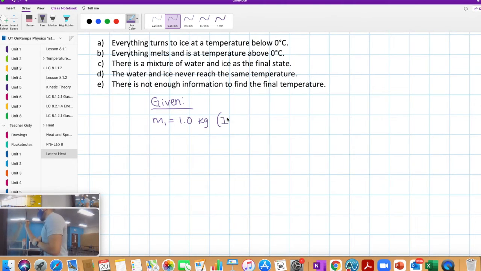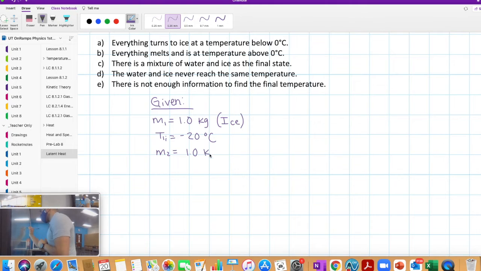And that'll be for the ice, meaning subscript 1 will be for ice. And then we have temperature 1 initial, negative 20 degrees Celsius. And then we have mass 2, which is 1 kilogram. This is the water. We have the temperature initial of water, T2 initial, that'll be 2 degrees Celsius.